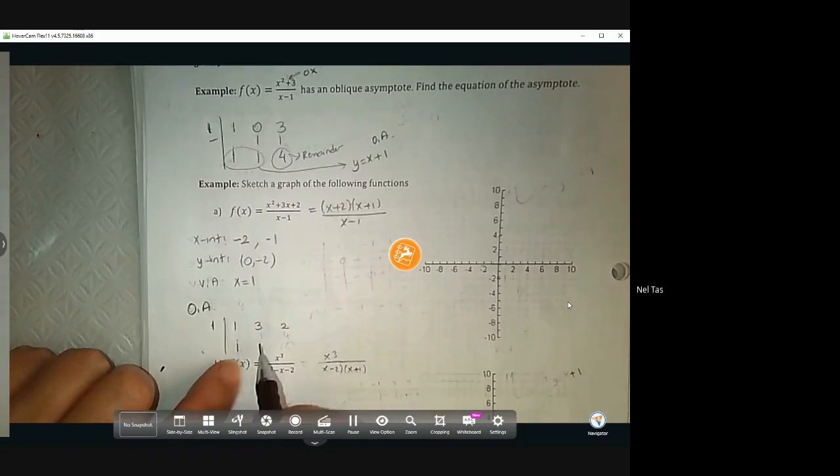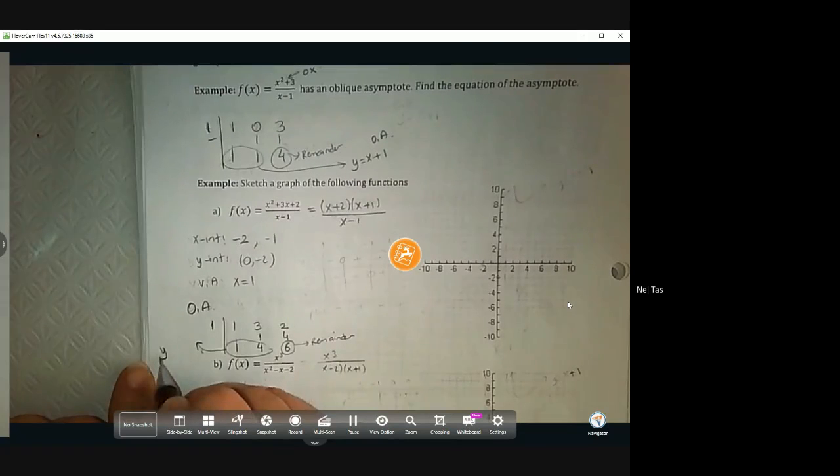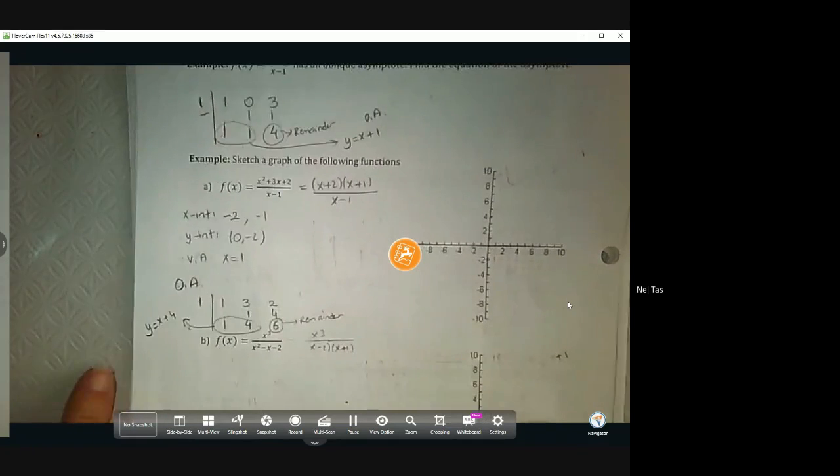Okay, so 1 times 1, 1, 4, 4, and 6. Again, this 6 is the remainder, and we don't need that information. We will just use the quotient. So y equals x plus 4 is the oblique asymptote.